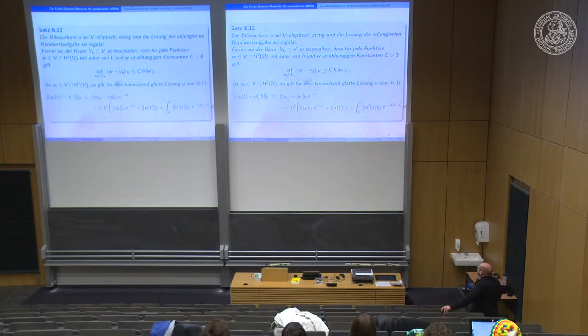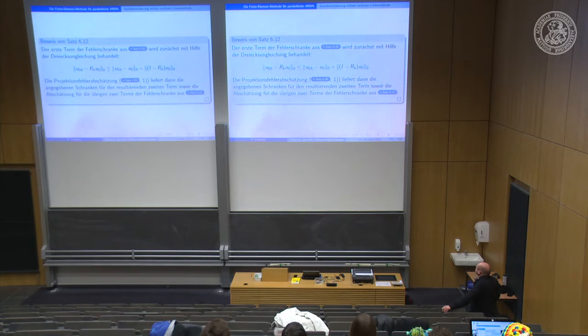So we have to combine this estimate with the Aubin-Nitsche result, and here in this first case, we just have to apply the triangle inequality, putting in between the Ritz projection. The error in the Ritz projection is then estimated by this term, and the remaining thing is this term here. We have to deal with this term with the Ritz projection.